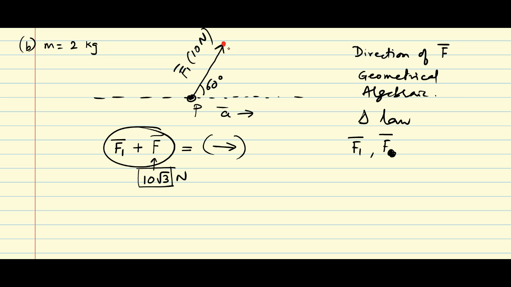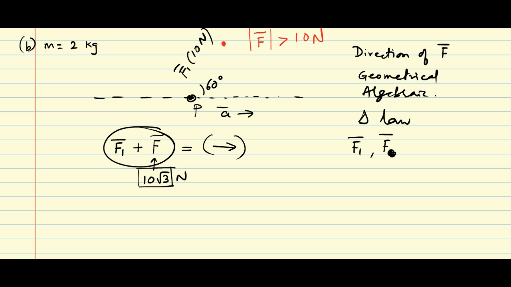Now this is 10 newtons, and 10 root 3 is going to be larger than that, because root 3 is larger than 1. In other words, I must draw a force F bar whose magnitude is larger than 10 newtons, larger than the black force which I have shown over here.